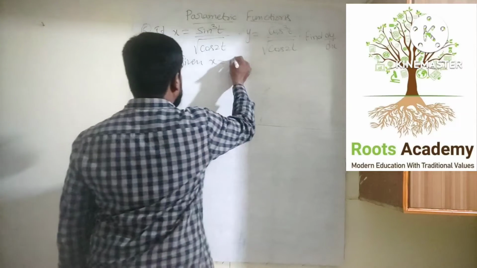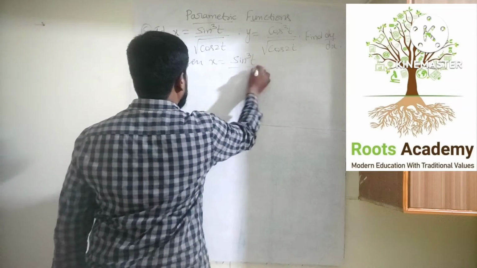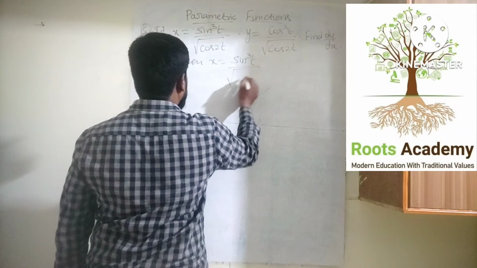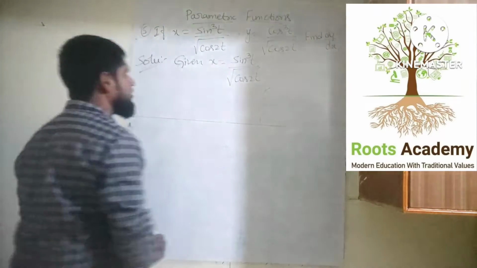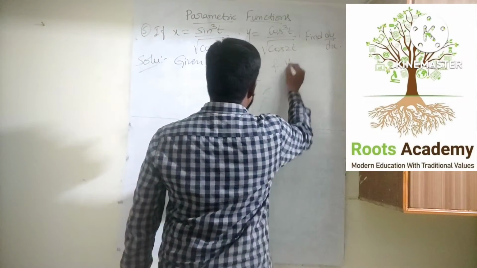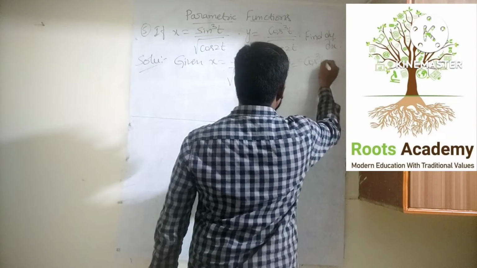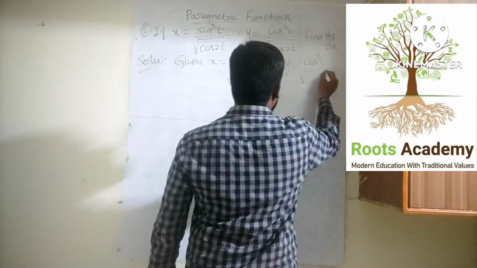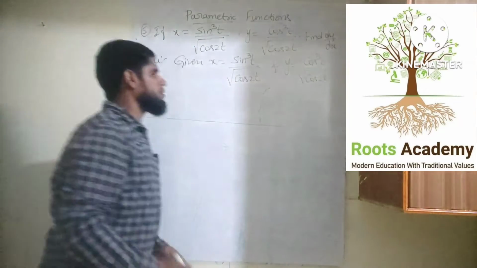Given x is equals to sine cube t divided by root of cos 2t and y is equals to cos cube t divided by root of cos 2t.